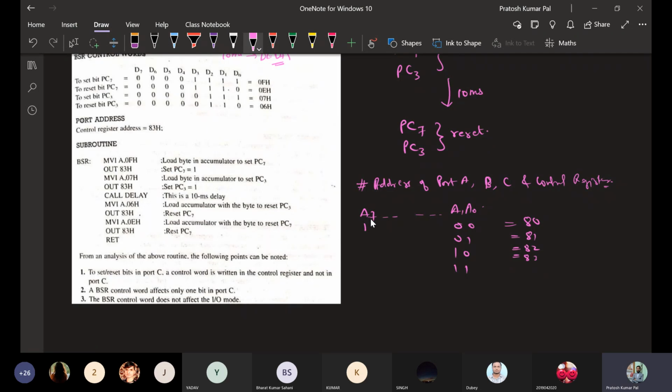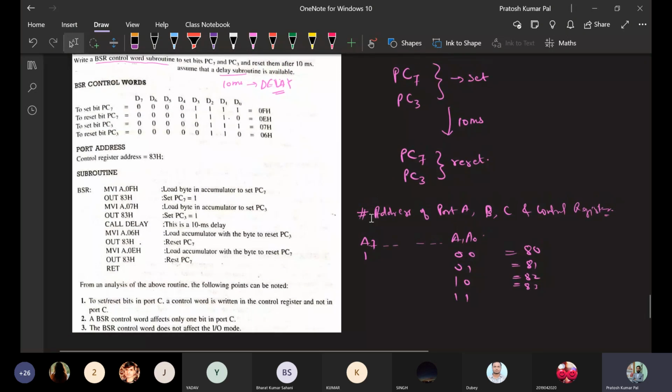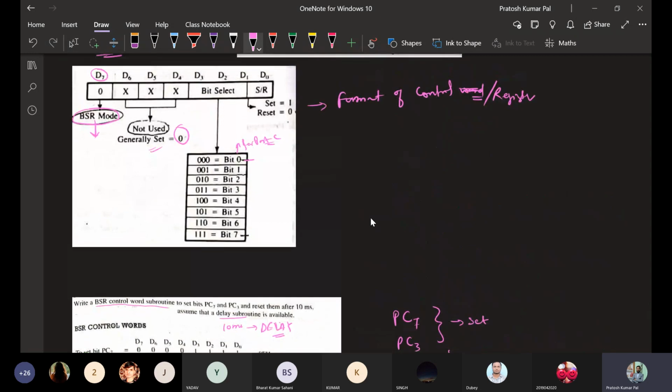Once we have decided the port address, we will see what the control word format will be. If we want to set PC7, these three lines will be 0, 1, 1, 1, and the last bit will be 0.